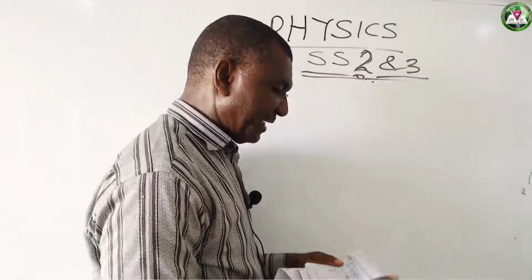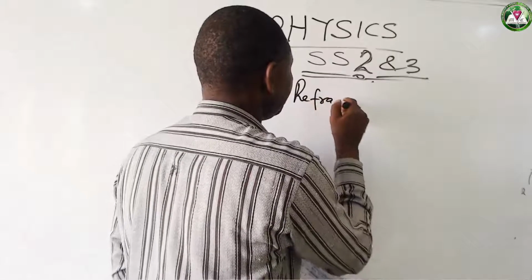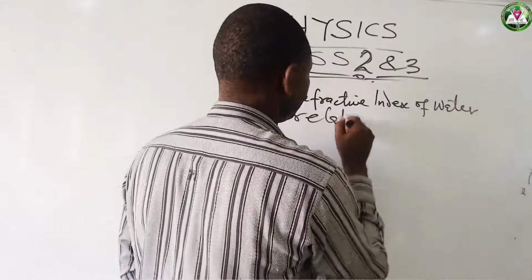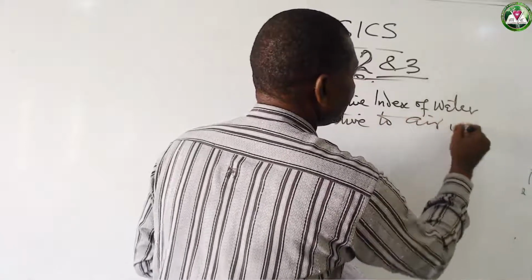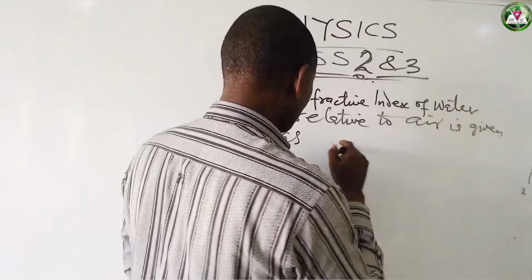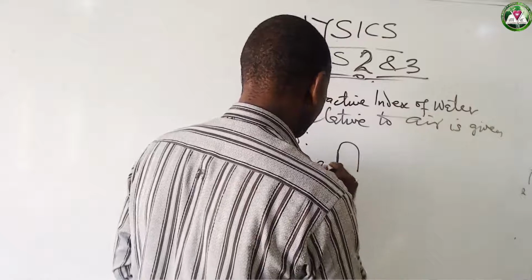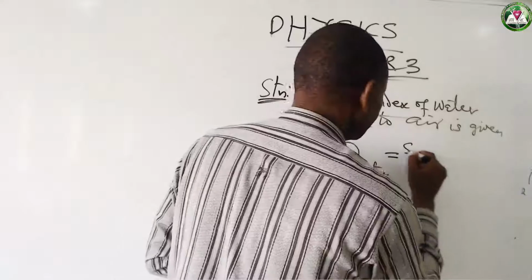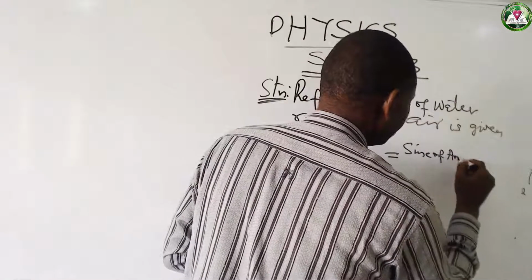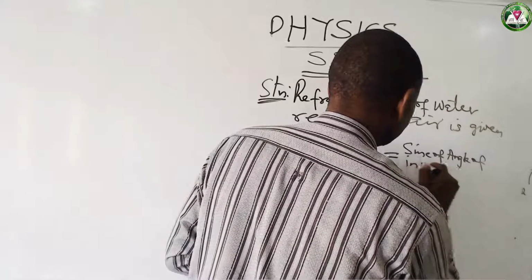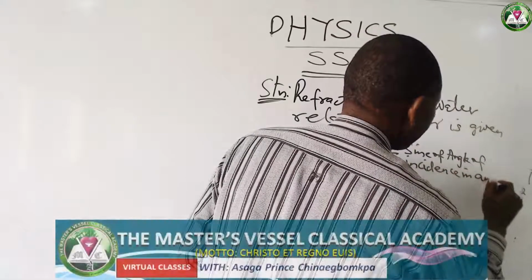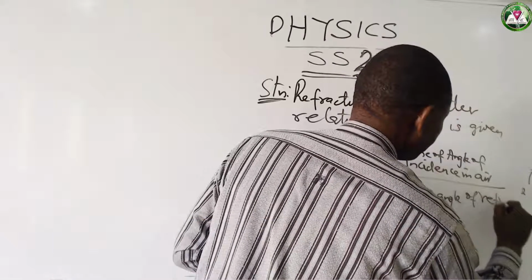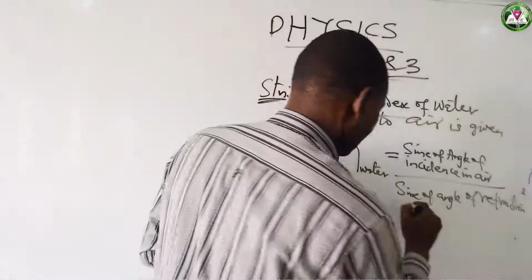We say that the refractive index of water relative to air is given as n, water, is equal to the sine of the angle of incidence in air all over the sine of the angle of refraction in water.